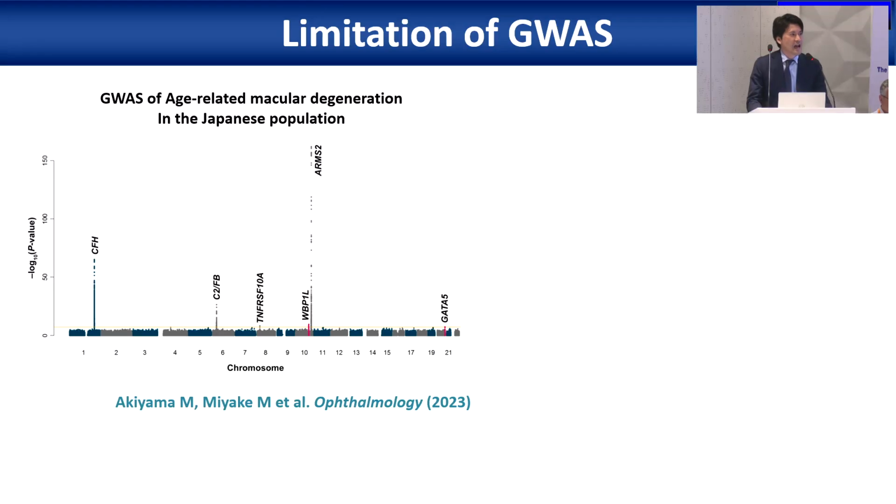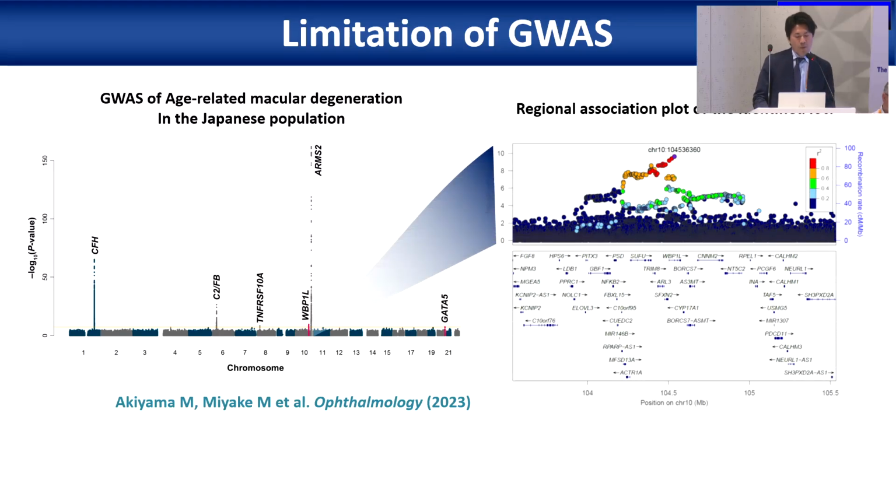However, GWAS has an obvious limitation. I'd like to illustrate the limitation using this slide. In a recent study, we conducted a genome-wide association study of age-related macular degeneration in the Japanese population and identified two new loci.